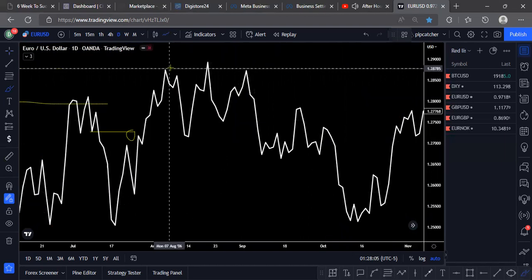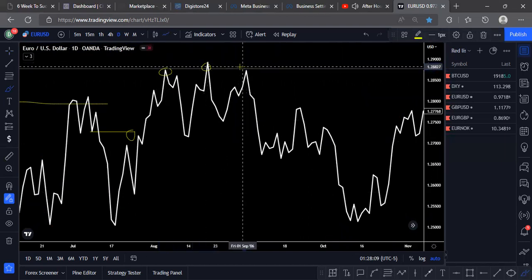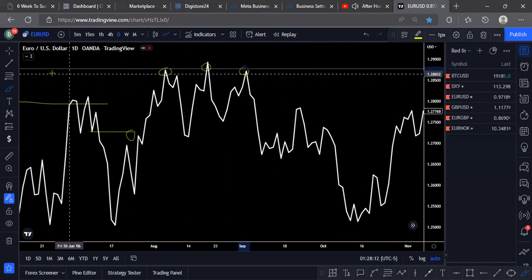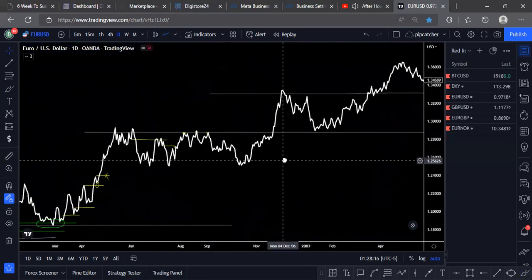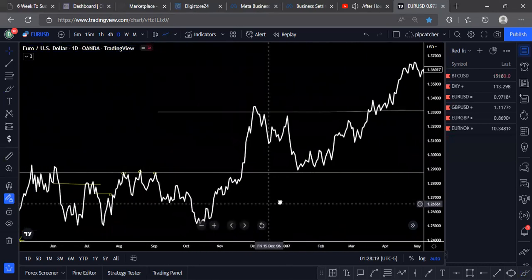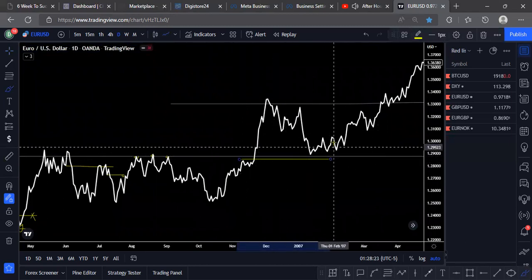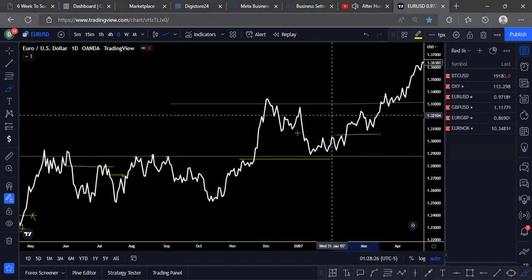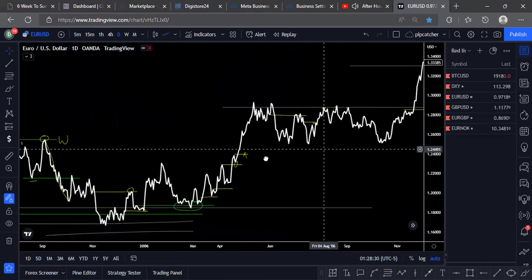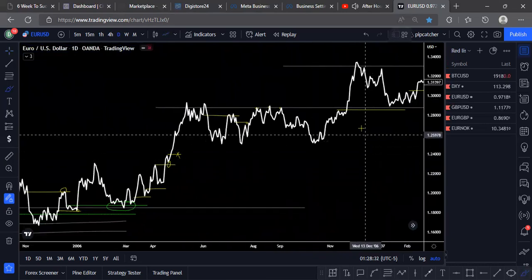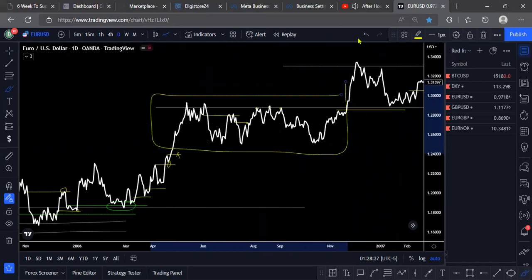So we had one, two, three rejections from this gray line. And if you remember, let me see here. Actually, that gray line was from a demand area that had broken right here. So I guess this would be its own setup in this kind of area of consolidation right here, right?